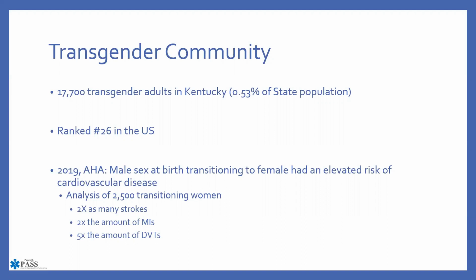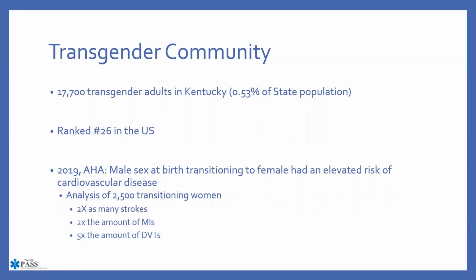Kentucky ranks 26th in the United States with regard to transgender population. Clearly, there are other areas where it's more prominent, and if you're working in one of those areas, you need to be even more aware of the situation.